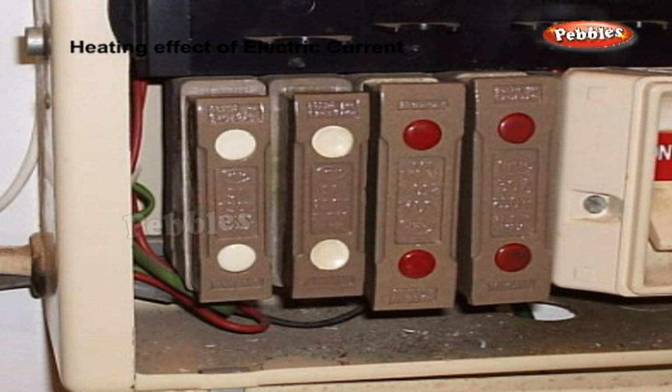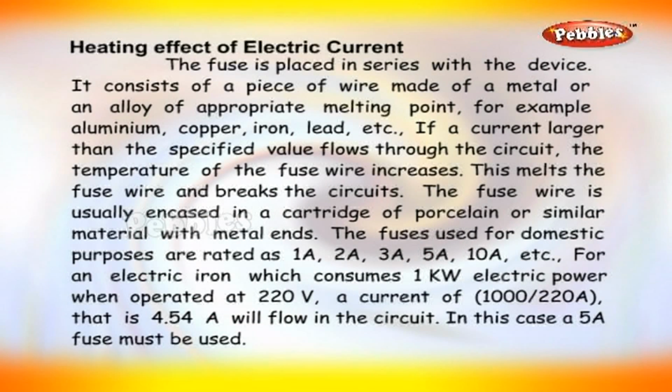Electric fuse. Electric fuse protects circuits and appliances by stopping the flow of any unduly high electric current. The fuse is placed in series with the device. It consists of a piece of wire made of a metal or an alloy of appropriate melting point, for example, aluminium, copper, iron, lead, etc. If a current larger than the specified value flows through the circuit, the temperature of the fuse wire increases.